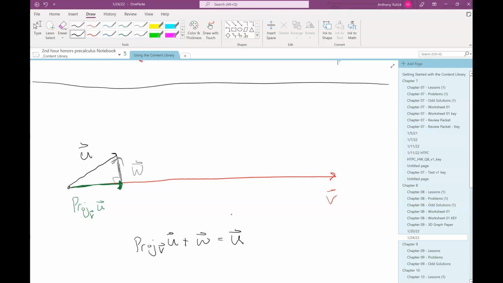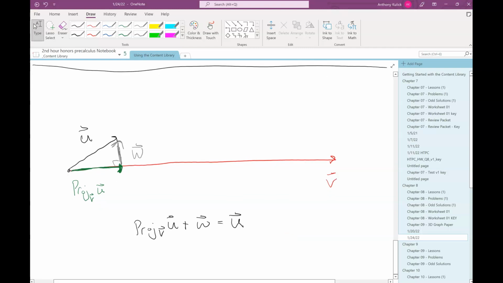If we add two vectors head to tail, the resultant is the sum. Or I could say that this vector W should be equal to U minus the projection of U onto V.